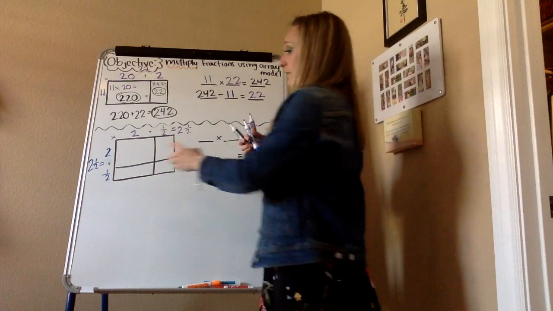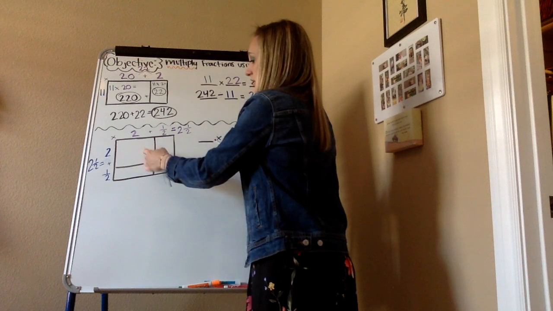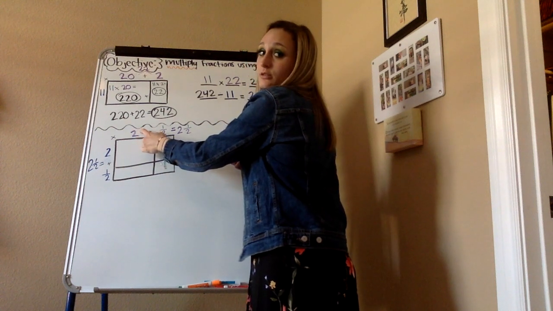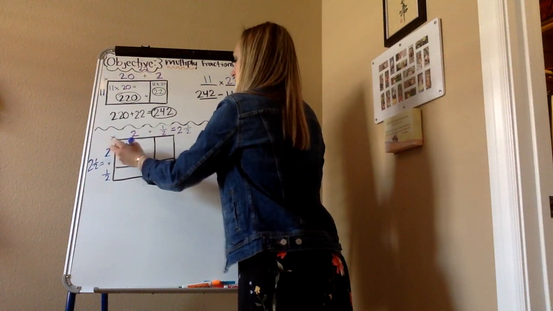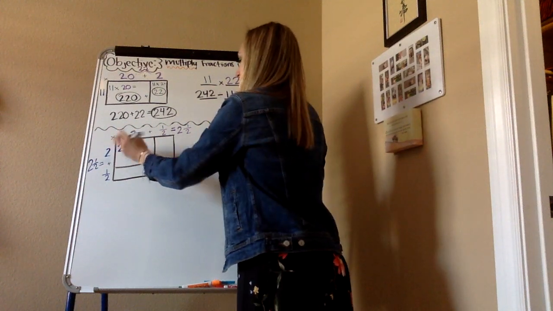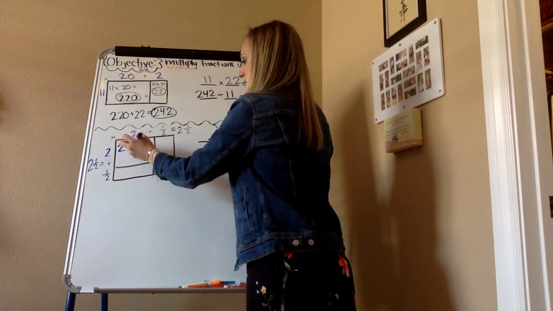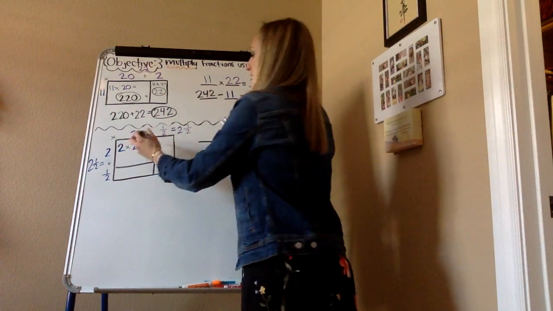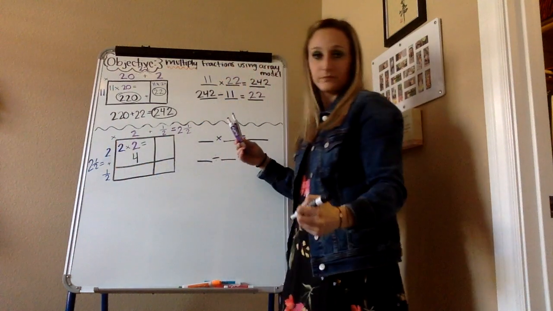So, in my first box, I'm going to follow my 2, and it meets the other 2 at the top. So I need to do 2 times what's at the top? 2, okay? And that is going to equal, we should know the answer to that, 4, okay?